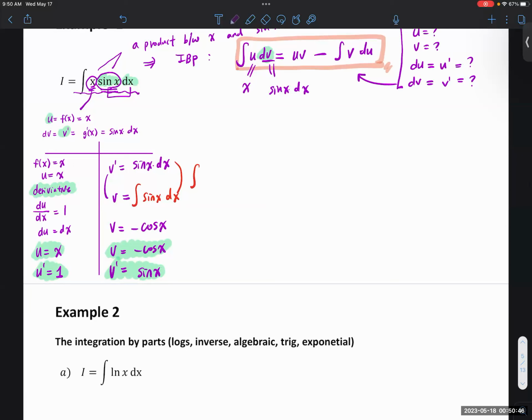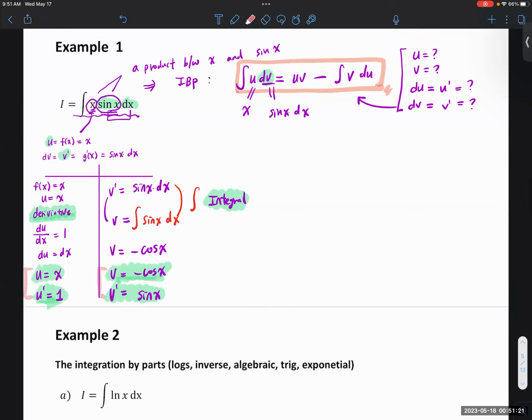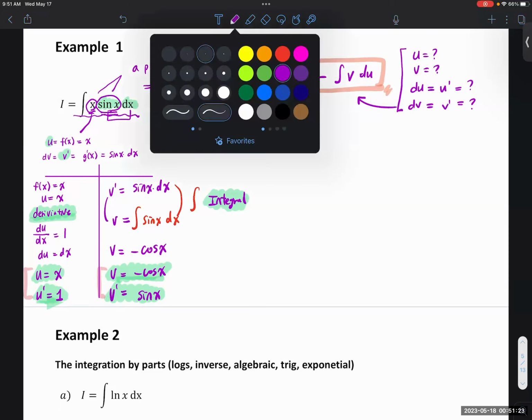Therefore, by taking the derivative of the u function, you can find out u prime. By taking the integral, the antiderivative, of the v prime function, you can find out what v was. So by taking both the derivative of the first function and the integral of the second function, you can find out these 4 important pieces of information: u, u prime, v, and v prime. That's it. Once you got that information, we're going to finalize it.